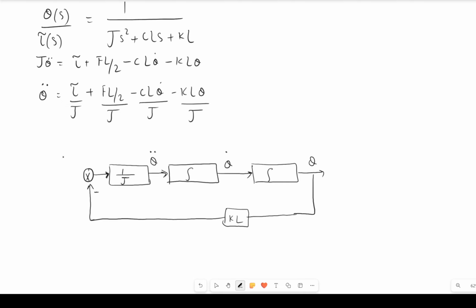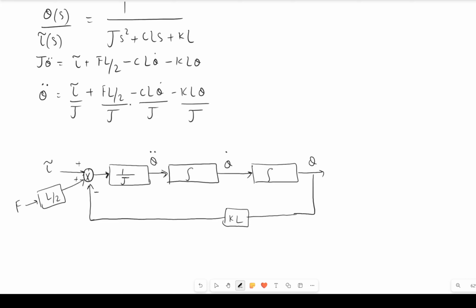We also have an input tau, which is multiplied by 1 over J. And we also have an input f, but this input is multiplied with L by 2. Okay, so this is with plus, this is with plus. So we have tau plus FL by 2, both multiplied by 1 by J, minus theta KL multiplied by 1 over J.